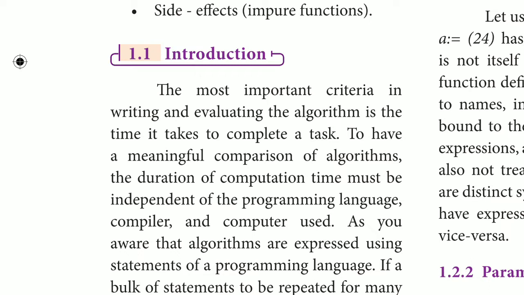Your software, program or algorithm should get executed, or the work should be done, in a precise amount of time. It should not take so much time to complete a small task.